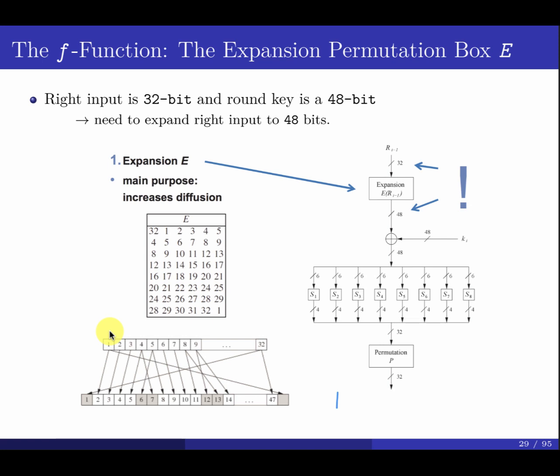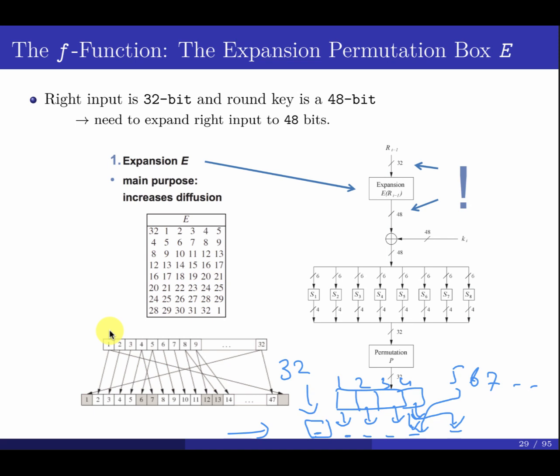So the output looks something like this. You take the first bit, which will be bit 32, and it goes here. Then take a copy of these bits: bit number 5 is passed here. That's why we have 32, 1, 2, 3, 4, and then 5. Bit 4 will be here and here, then 6, 7, and so on.